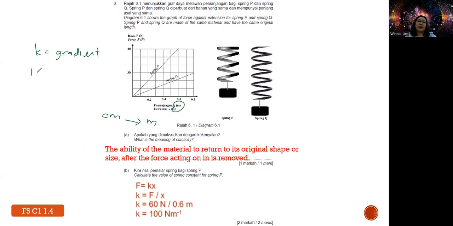Now, generally, the elastic potential energy is the area under the graph. And commonly, we will use joule as the unit for energy, right? Another unit would be Newton meter. So if you don't change cm to meter, sometimes you will have the wrong answer. So bear in mind, if possible, change everything to SI unit.